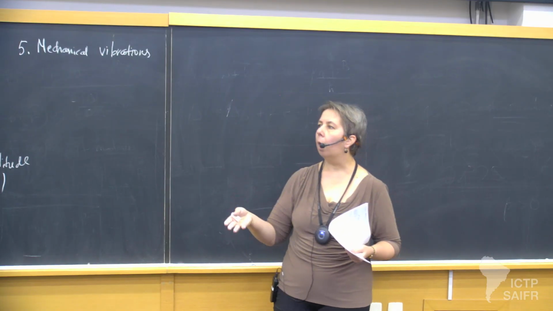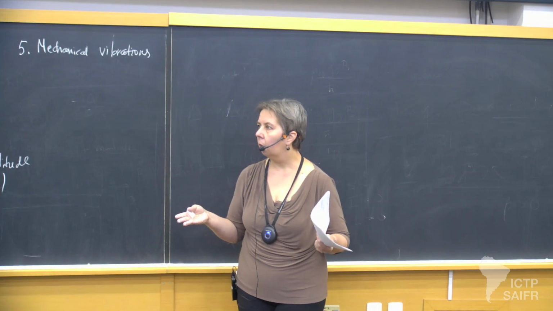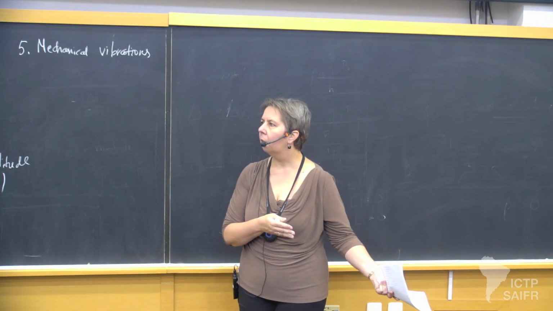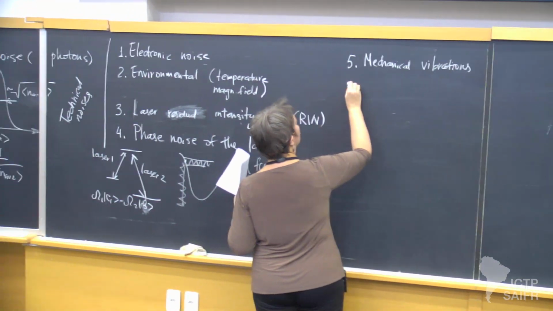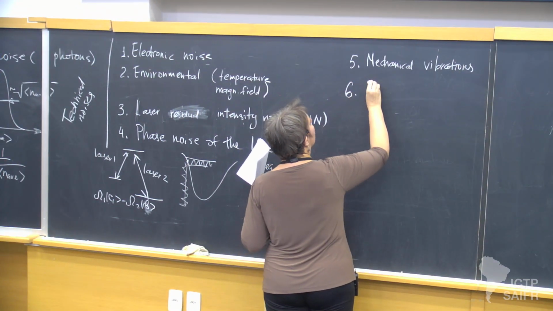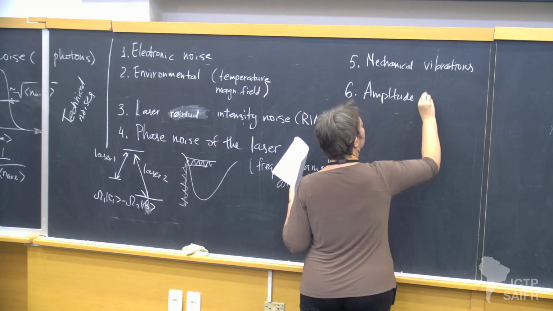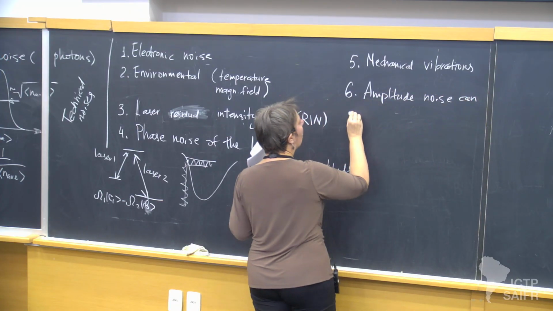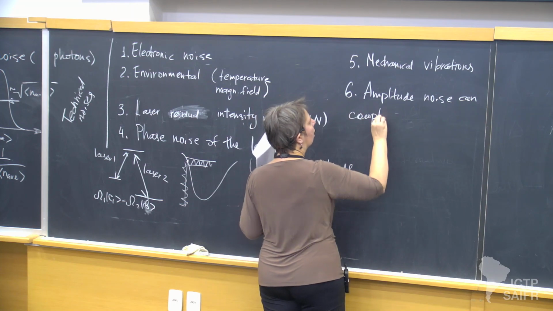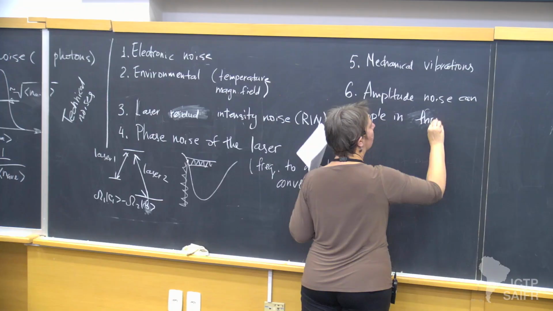For example, if your pump laser or control laser is noisy, you can say, well, I don't detect this. But what can happen is that sometimes, this is number 6, the amplitude noise can couple in through light shifts.